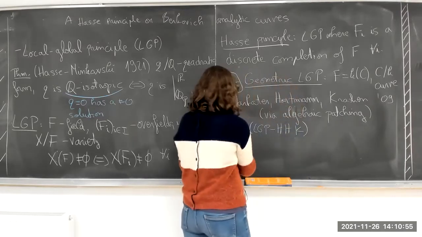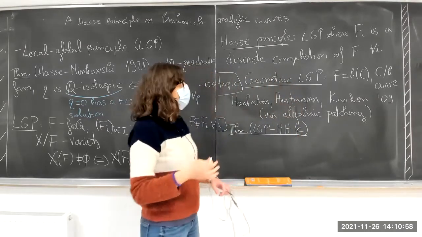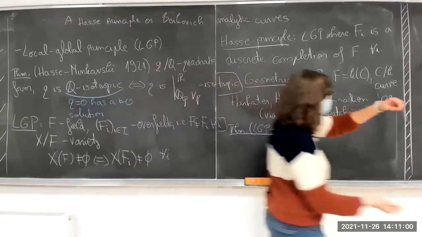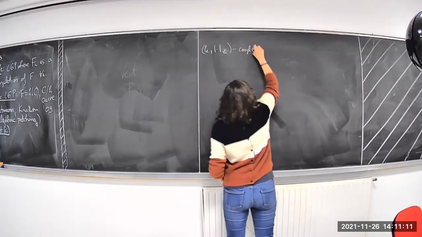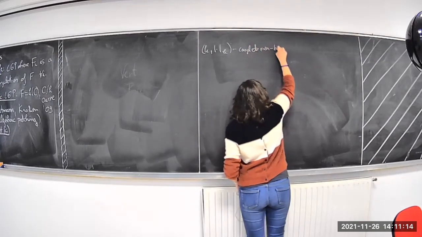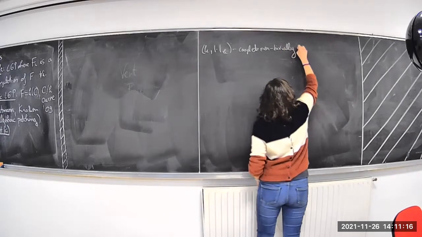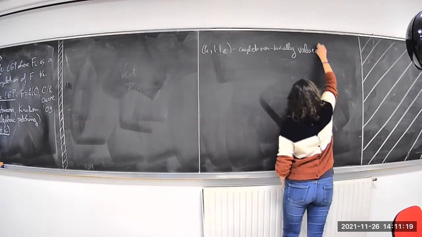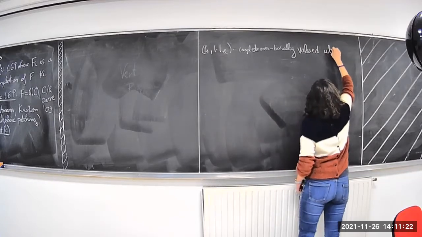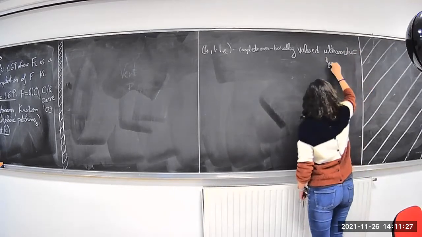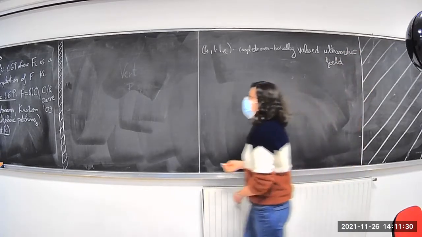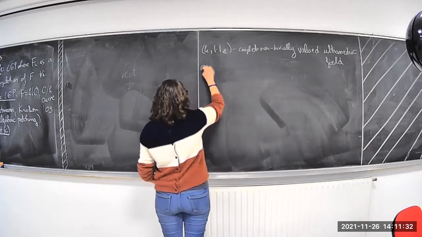But before that, I'm going to introduce some notation that we're going to use throughout the rest of my talk. So maybe for that, I'll come here. Now let K, from now on, endowed with a norm, denote a complete, non-trivially valued ultrametric field. Let's take over this K the curve over which we'll be working.